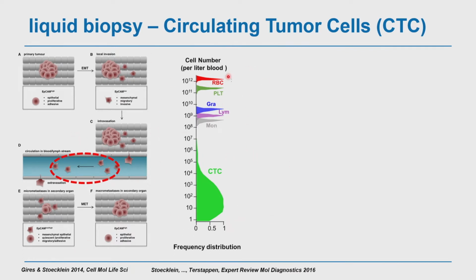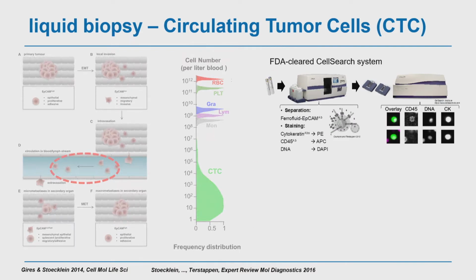I think it's important to note that the concentration in the peripheral blood of CTCs is several logs below that of normal blood cells. Therefore, we need very highly sensitive methods to detect these ultra-rare cells.